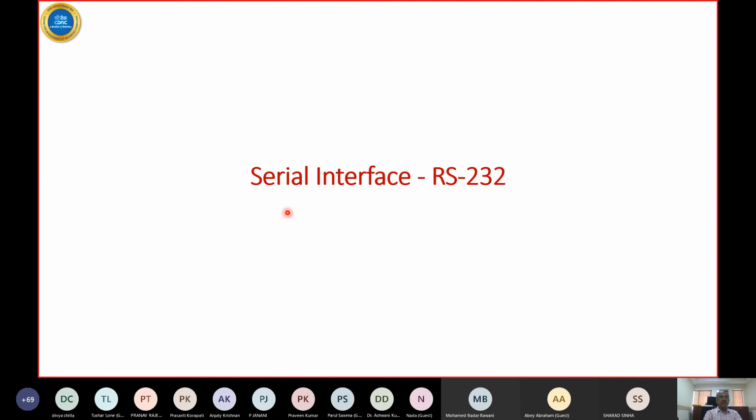But as I mentioned, in cases like Raspberry Pi, you are accessing these devices under the control of the operating system, in which case the interface is through what is called a device driver.